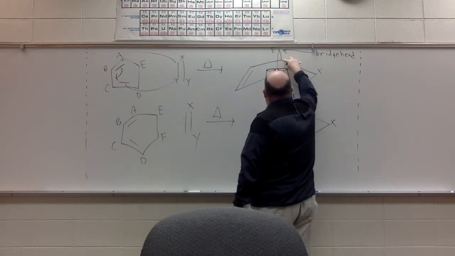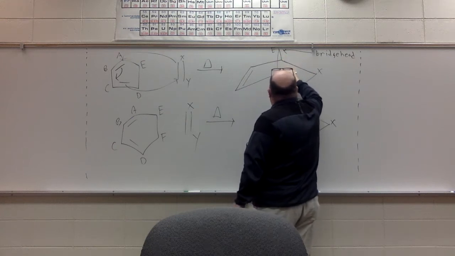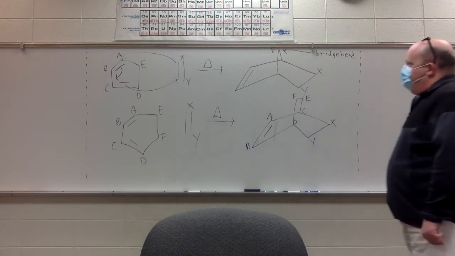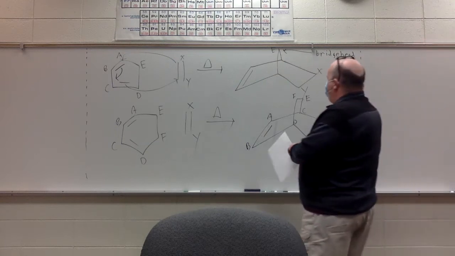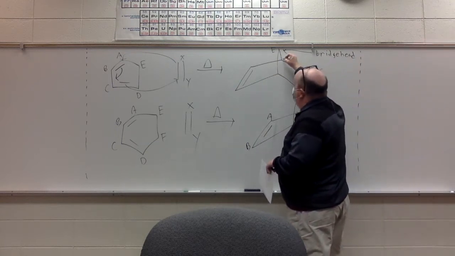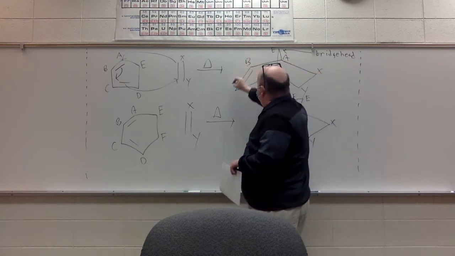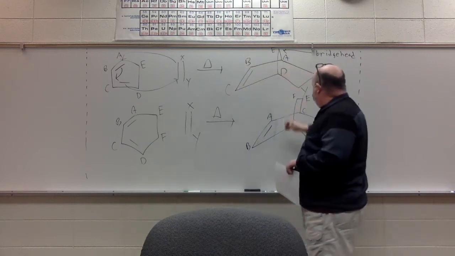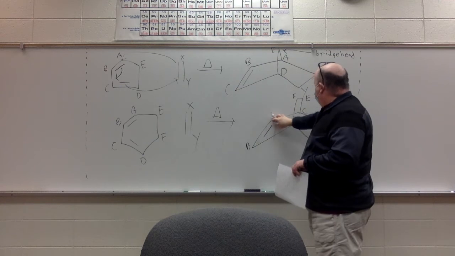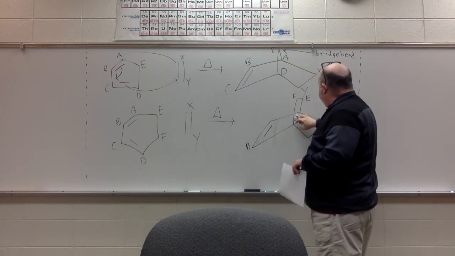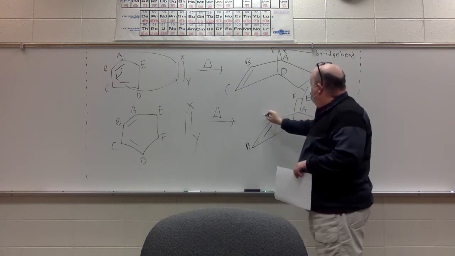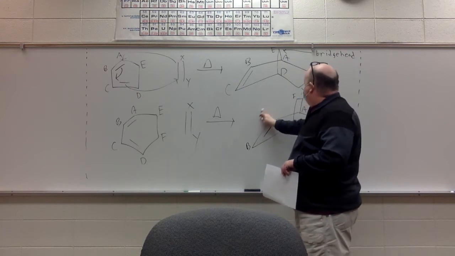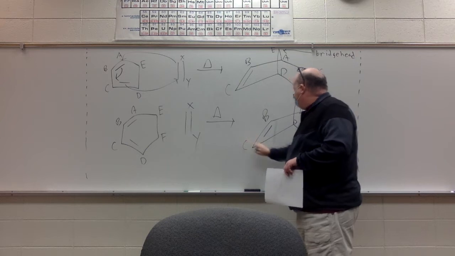My letters are wrong. All right, so let's see. X connects to A. Yeah, so A should be over here. B, C, D. Thanks for catching that. Otherwise things could get pretty confusing.